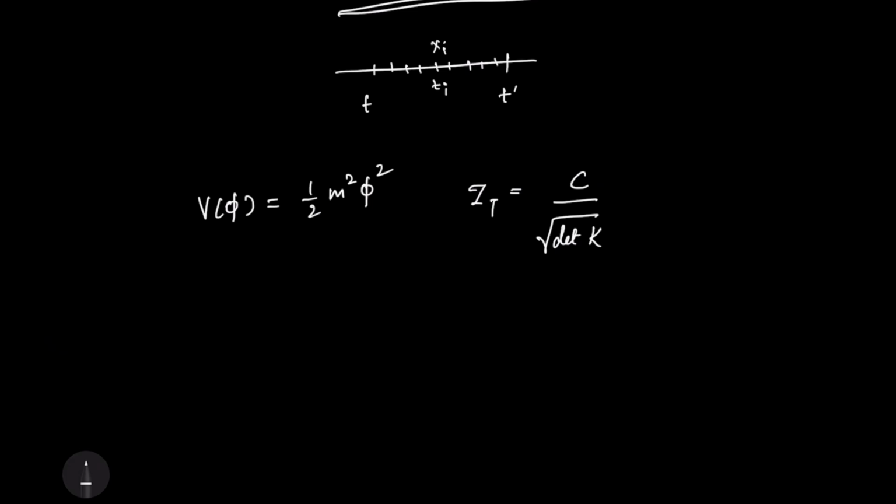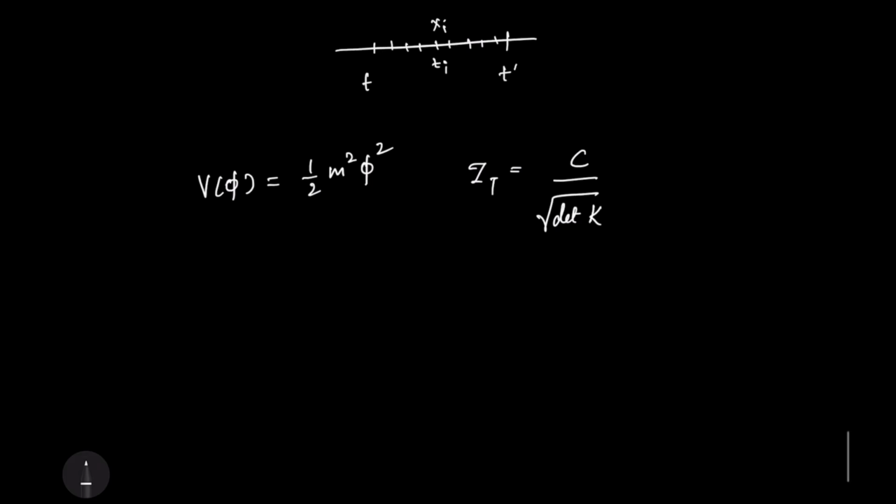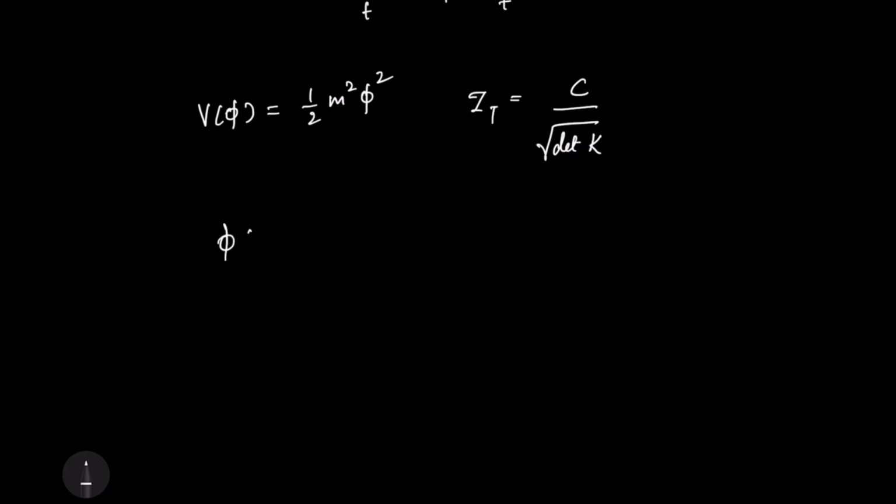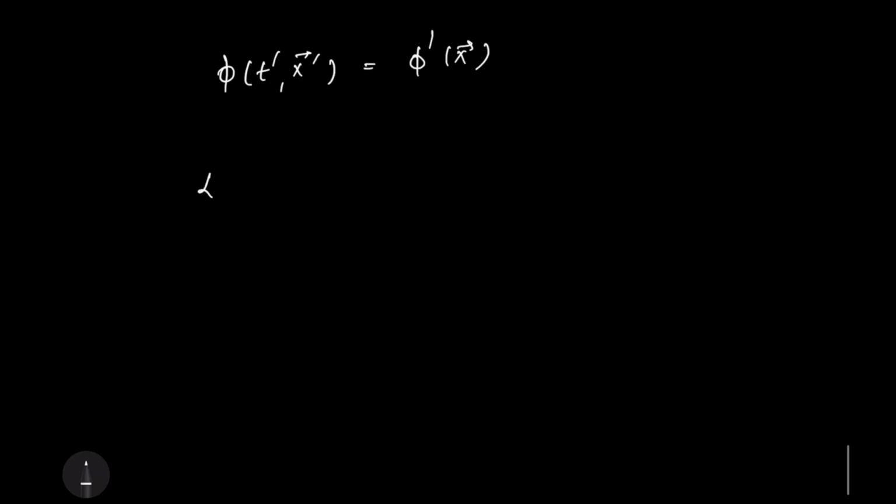So for an interacting theory, quantum field theory reduces to the path integral with phi of t prime x prime equal to phi prime of x. And recall that our goal was to calculate the time ordering of phi of x1 up to phi of xn in this state.